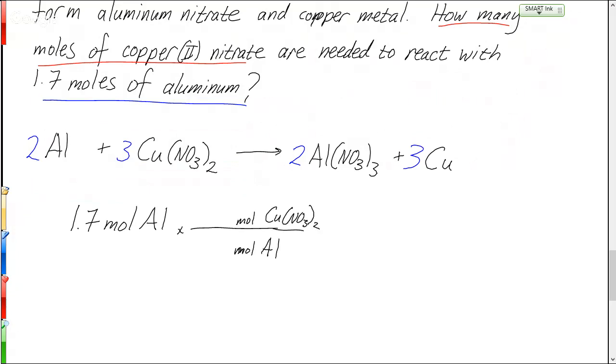The numbers we use there are directly from the balanced equation, 3 and 2. And we can evaluate that.